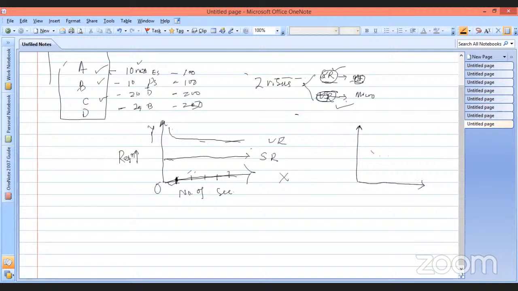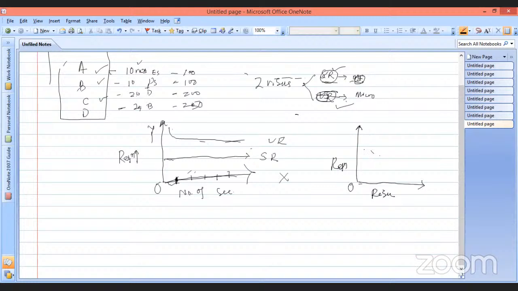This is x-axis, this is y-axis. In x-axis, what are we taking? We are taking return. Here we are taking risk. Okay, so what we'll do here, we have to create a particular line.